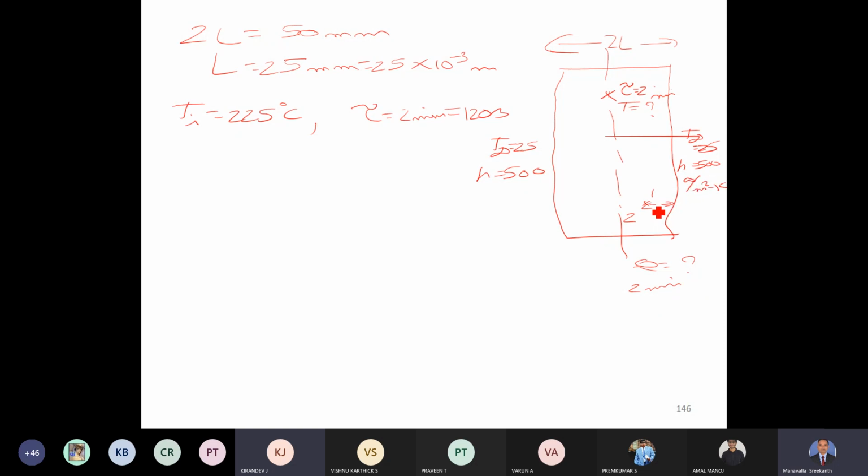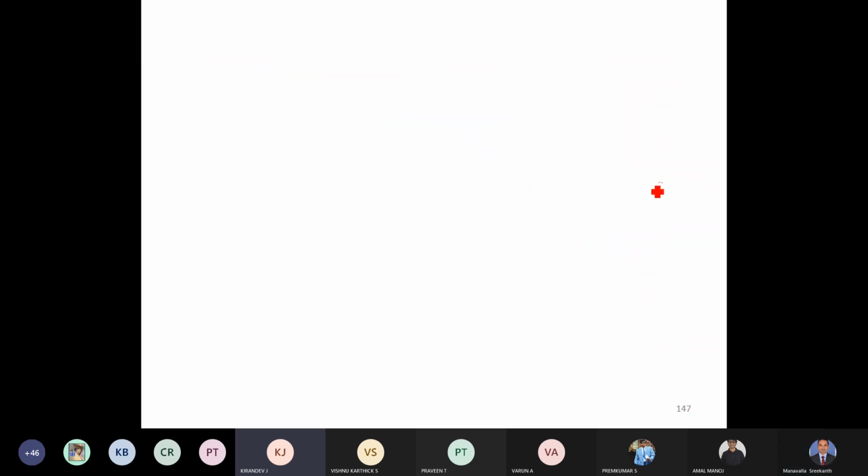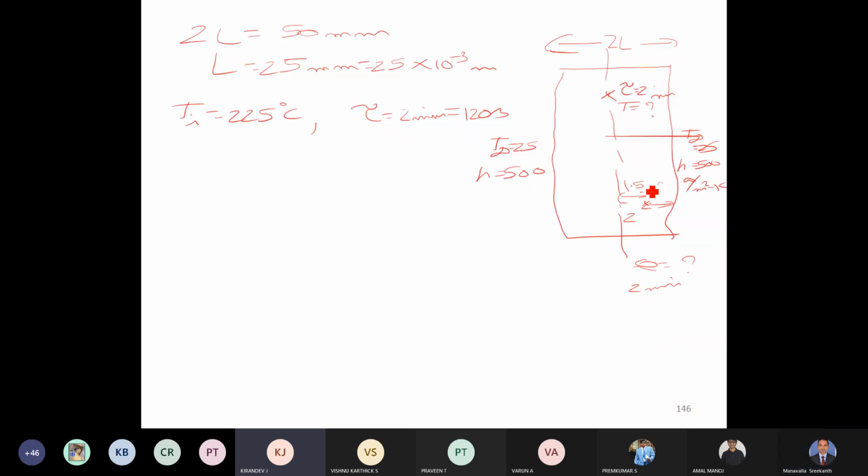If this point is 1 centimeter deep, this distance will be 1.5 centimeters, and this is 1 centimeter, so 2.5 centimeters in total. So that is the millimeters converted to centimeters. This is the problem.